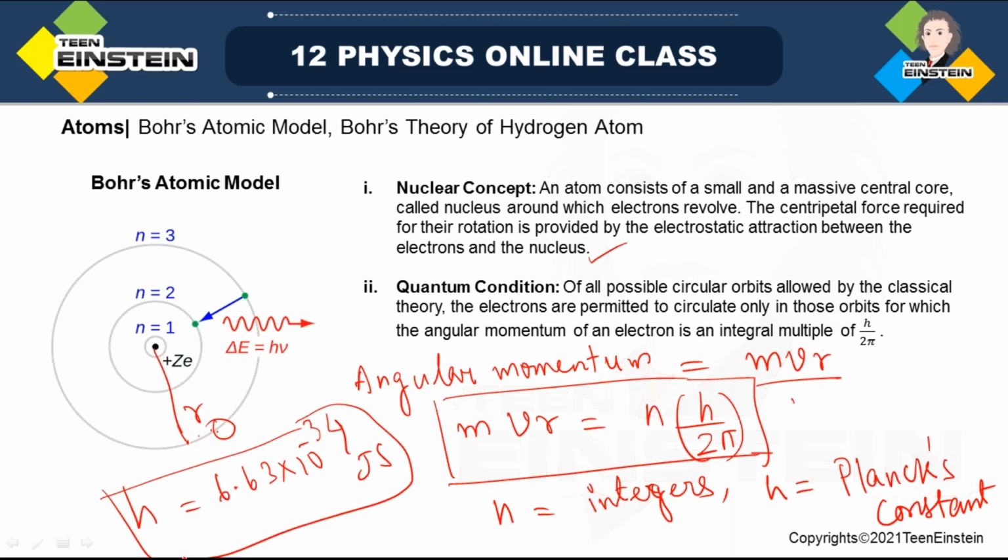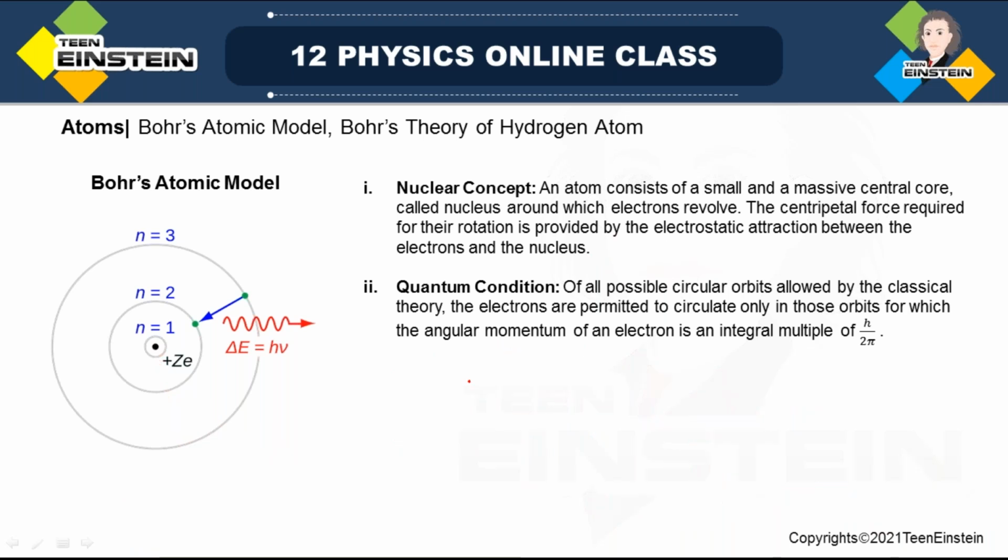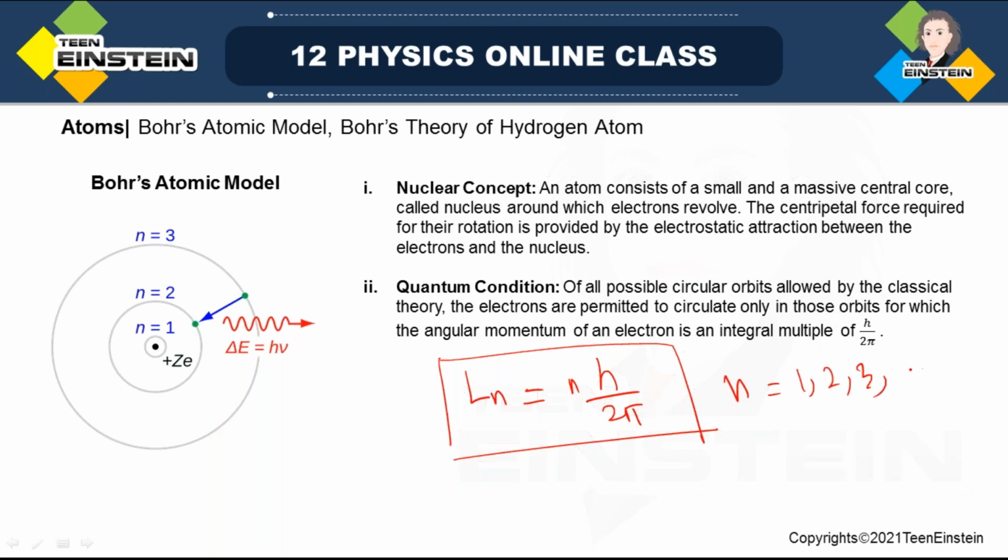We have used this several times so far. So briefly, we can write angular momentum L equal to nh by 2 pi. For the nth orbit, Ln is equal to nh by 2 pi, where n can be any integer like 1, 2, 3, 4, 5, 6, etc.